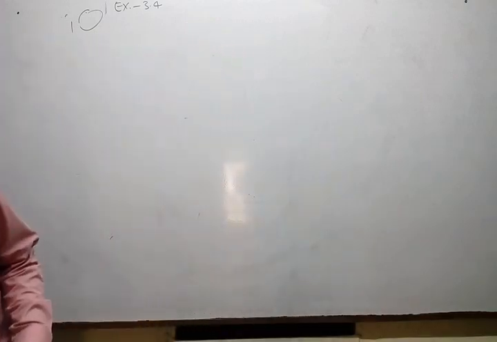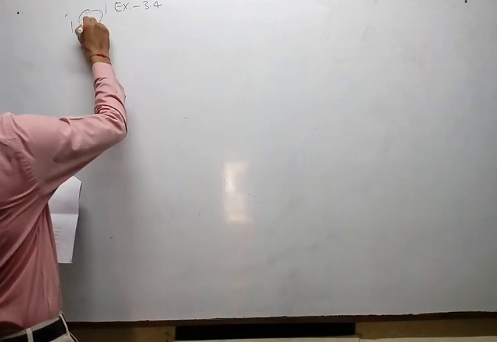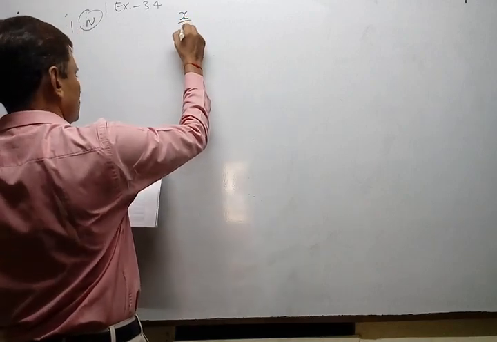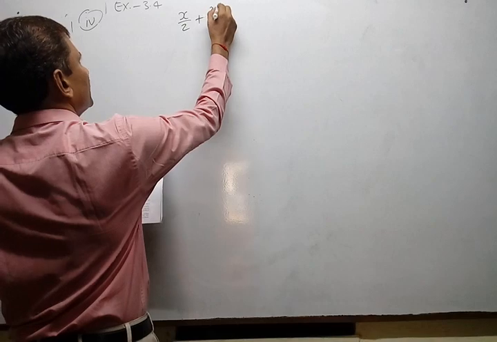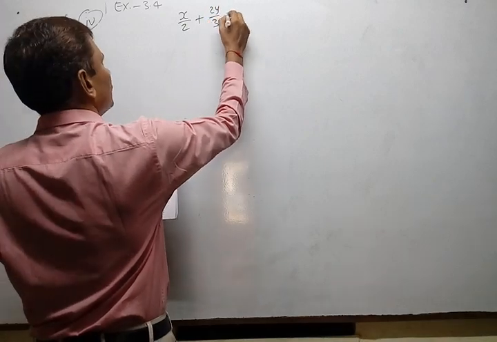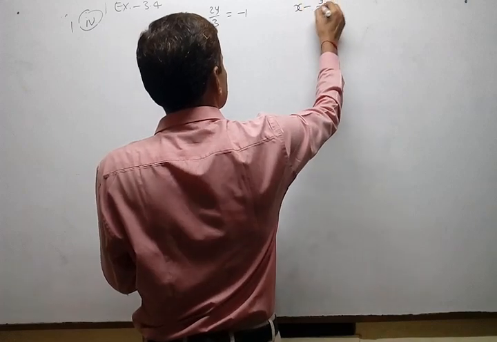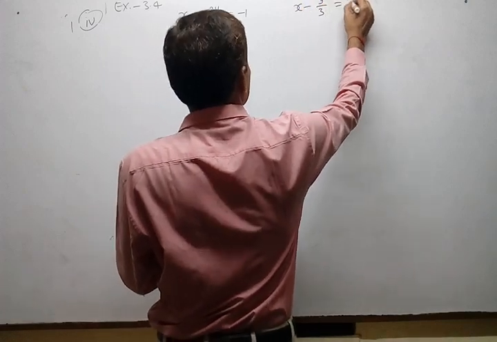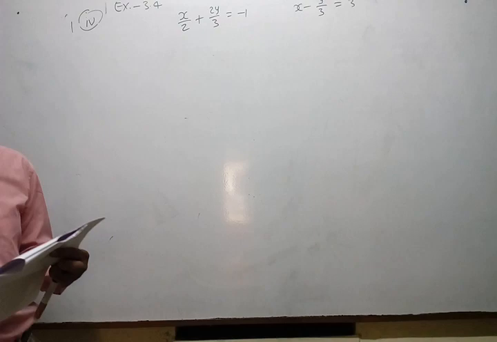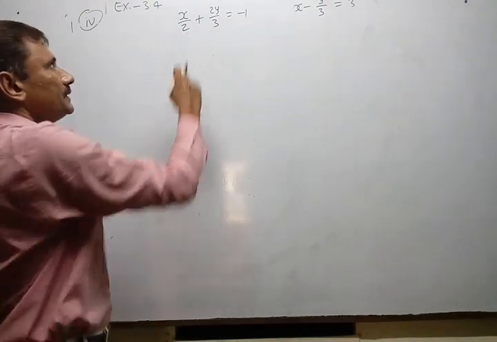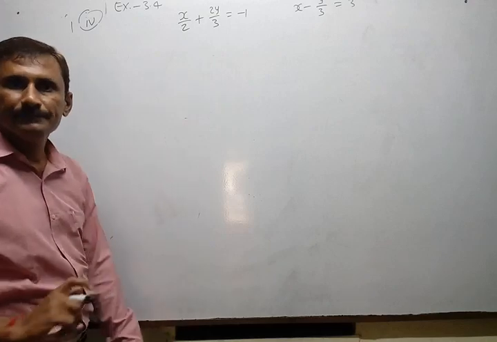Here given x by 2 plus 2y by 3 equal to minus 1 and x minus y by 3 equal to 3. Okay, first of all simplify it.